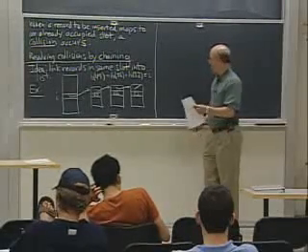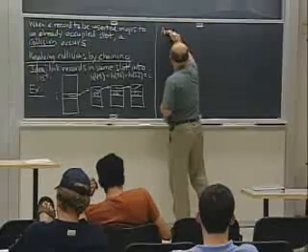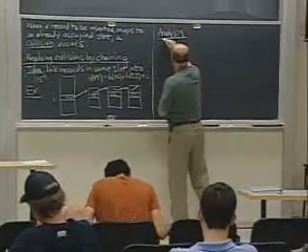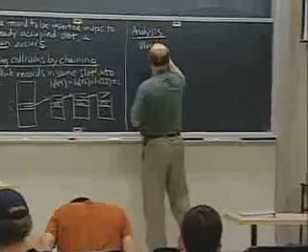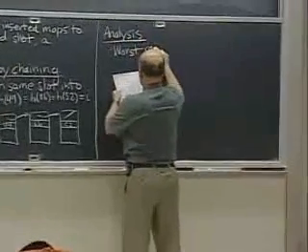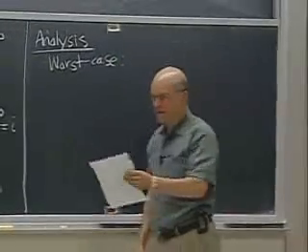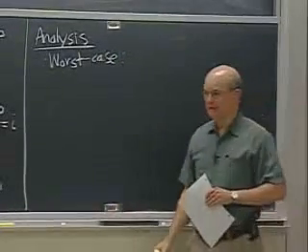this strategy. So the analysis. We'll first do worst case. What happens in the worst case with hashing?